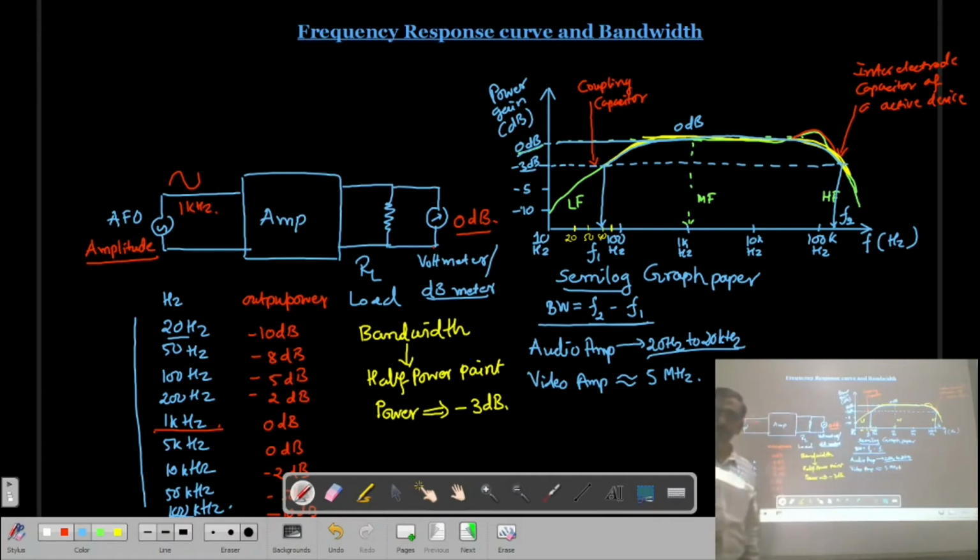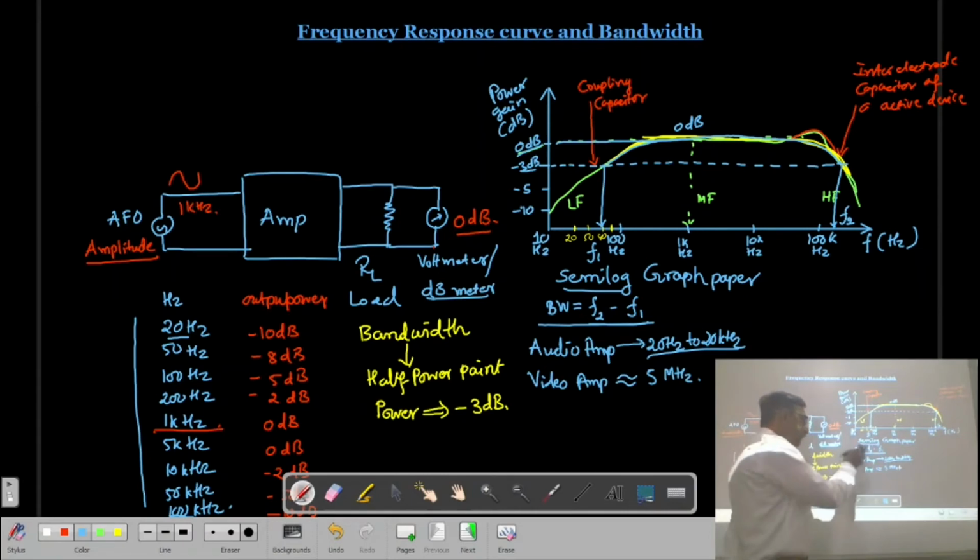So depending on what your application is, you have to design the amplifier and you have to set up the bandwidth of the amplifier. Okay? So bandwidth means it is representing the flatness part of your frequency response curve. Remember. And that is one of the important properties of the amplifier.